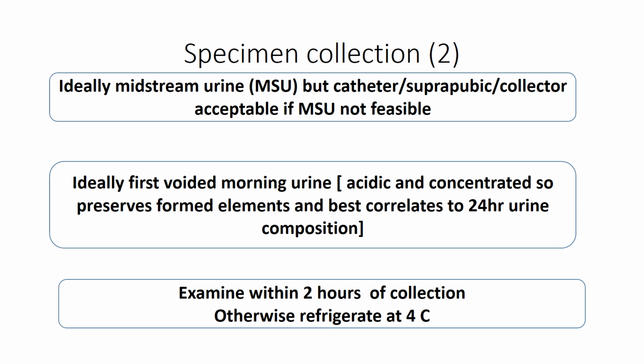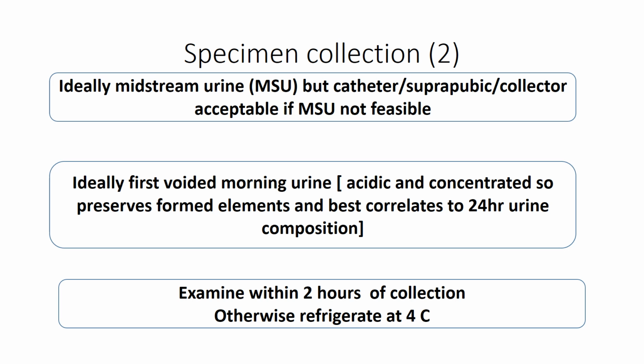Ideally this should be early morning voided urine. Why? Because this urine has been sitting in the bladder overnight and more closely approximates a 24-hour urine collection, tends to be more acidic and concentrated, and those two properties will help to preserve the formed elements, the cells in the specimen.